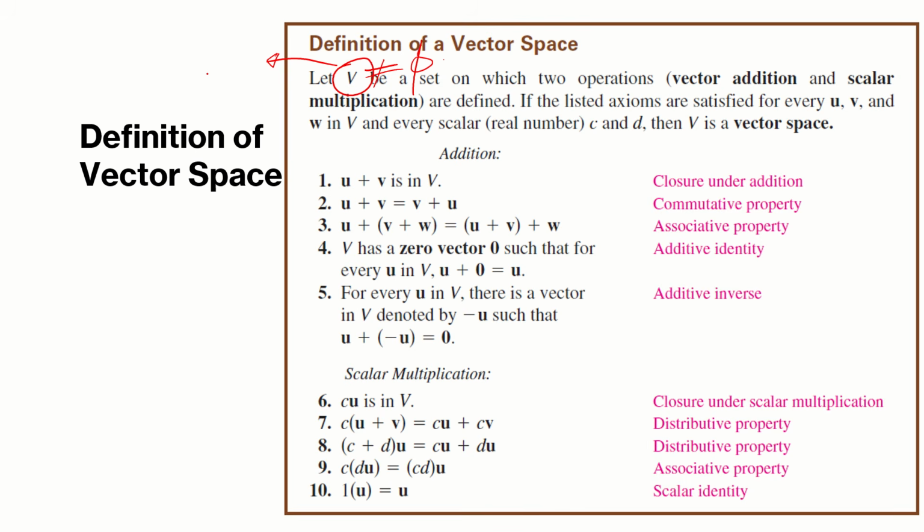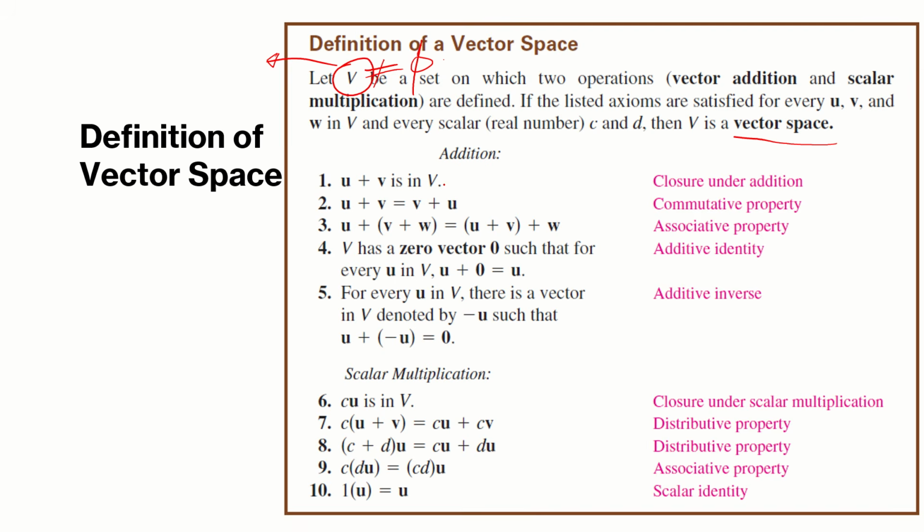A vector space will always be non-empty. So we say that this set V will be a vector space if it satisfies the following 10 conditions. So if you want to check whether a set of vectors is a vector space or not, you have to check all these 10 conditions.